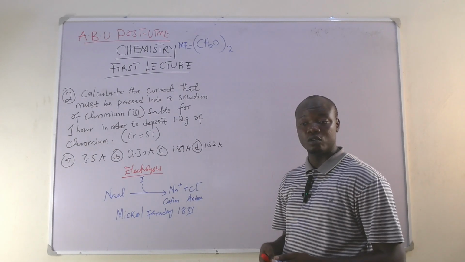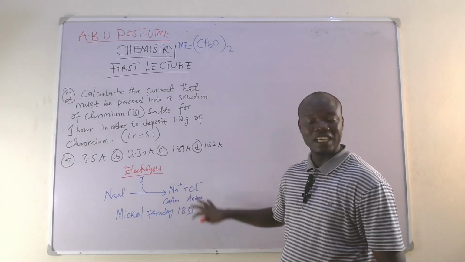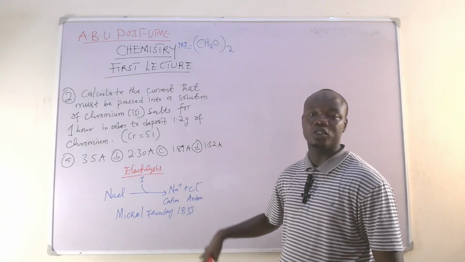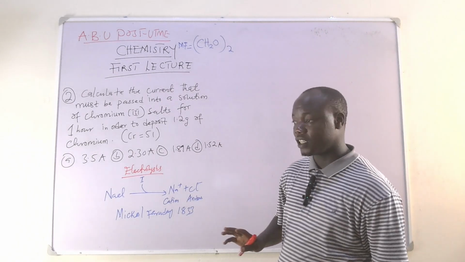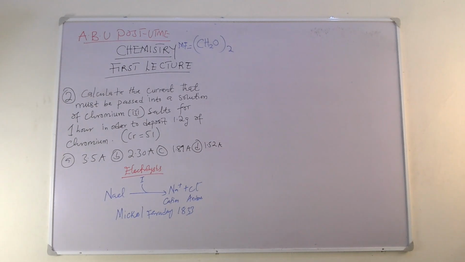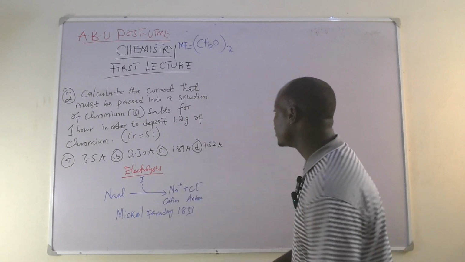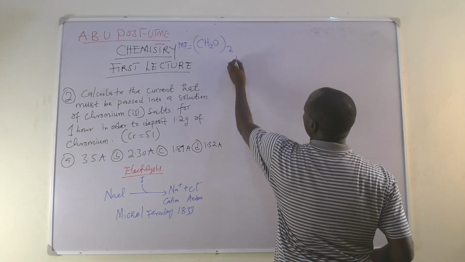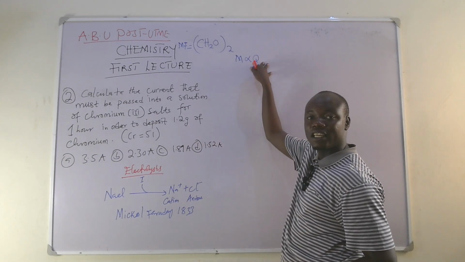Under the first law, according to Faraday's law, he stated that the mass of an element discharged or deposited during electrolysis is directly proportional to the current applied. It means the mass of an element deposited during electrolysis is directly proportional to the quantity of electricity applied.